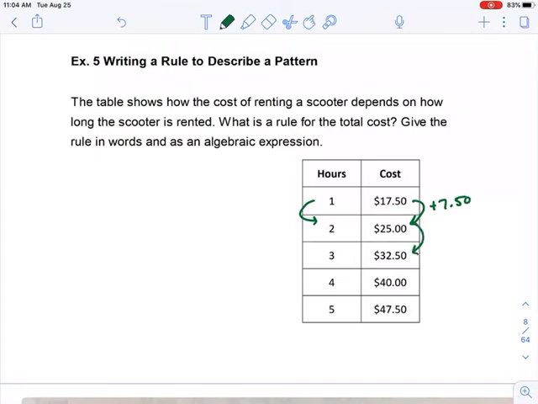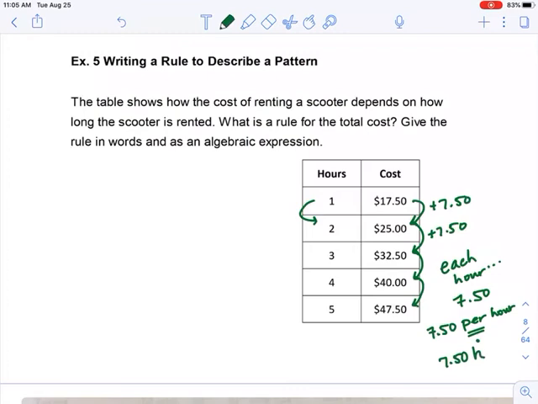From 25 to 32.50, that's also adding another $7.50. 32.50 to 40, $7.50. 40 to 47.50, $7.50. So every time I add an hour, I'm going to pay $7.50. That's $7.50 per hour. The word per, what do you think is going on? Adding, subtracting, multiplying, or dividing? That would be a multiplication. So I'm going to take $7.50 and multiply it by the number of hours.